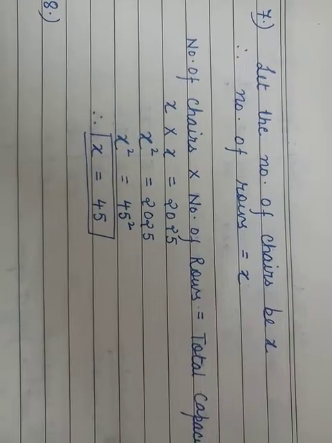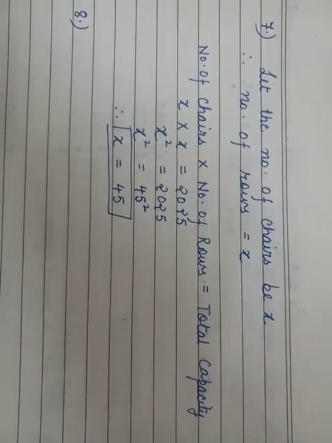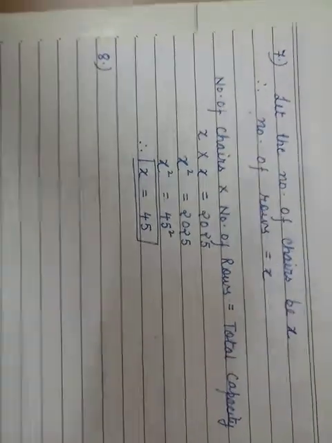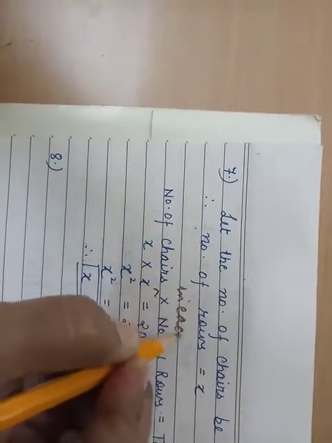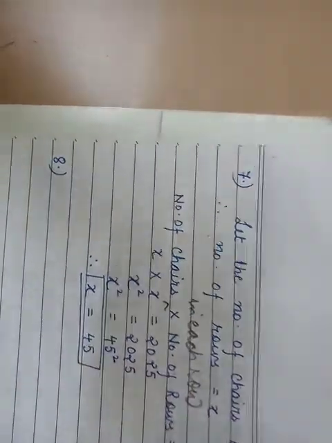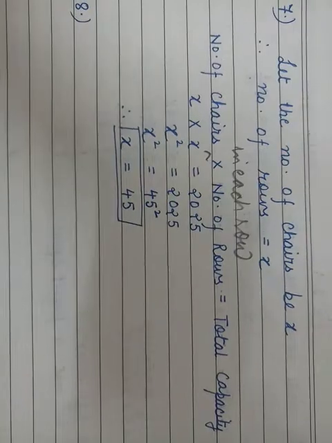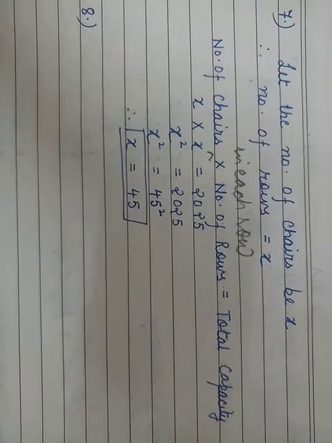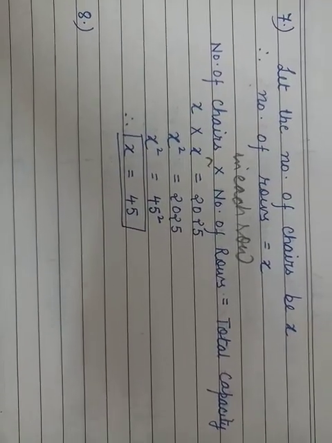It is the same. How do we find the total capacity of the auditorium? How many rows are there and how many chairs are in each row. Number of chairs in each row into number of rows gives you the total capacity. That is x into x is equal to 2025. x square is 2025.